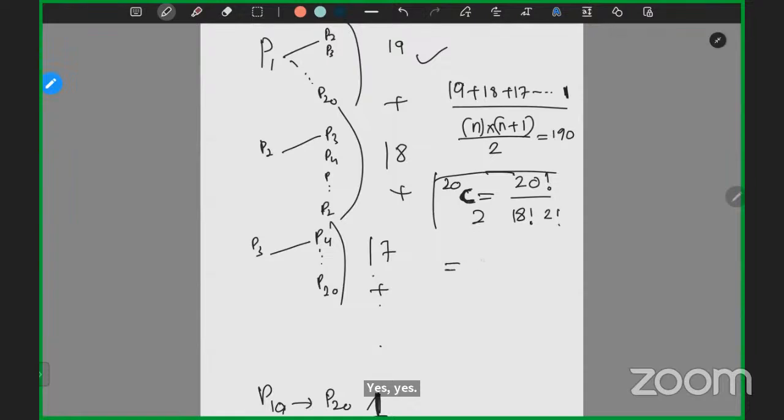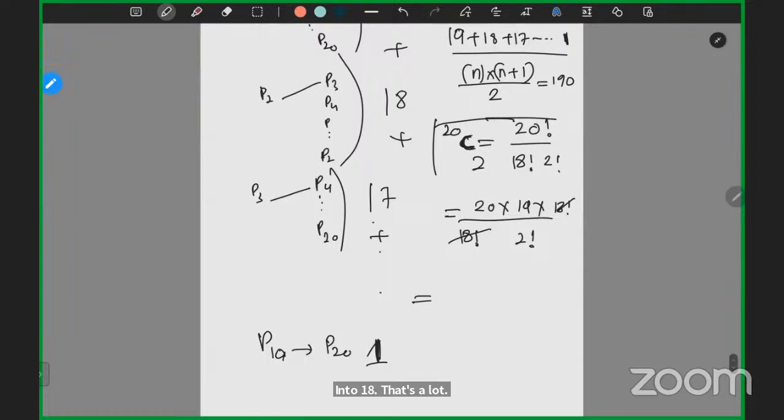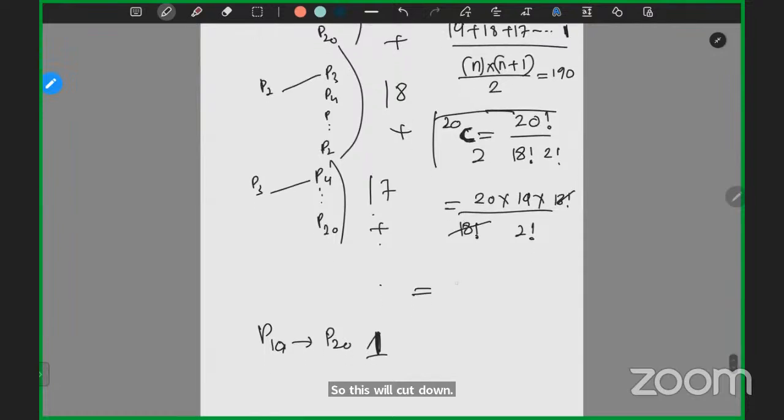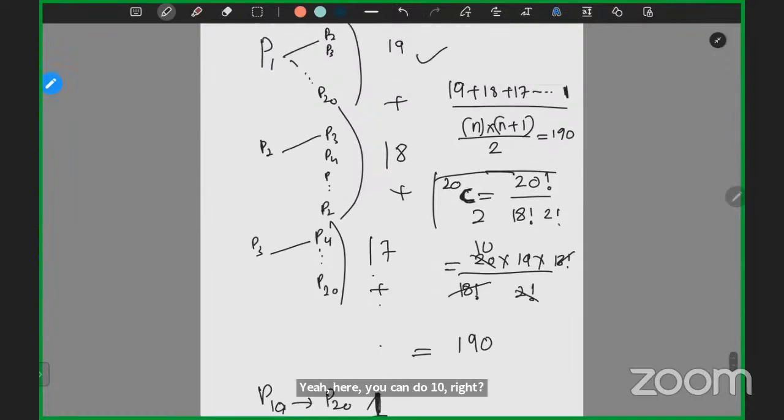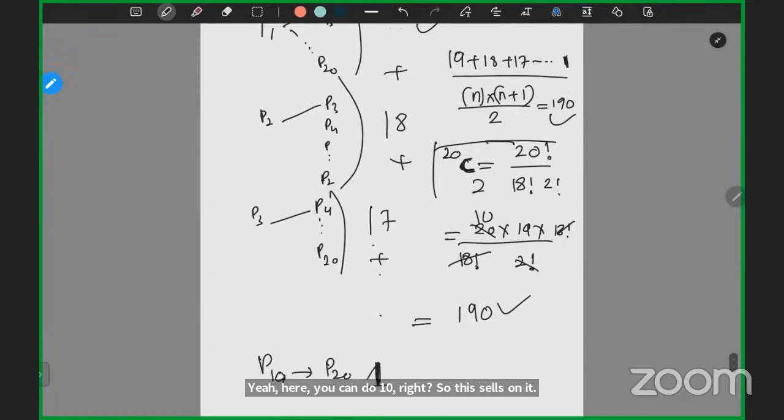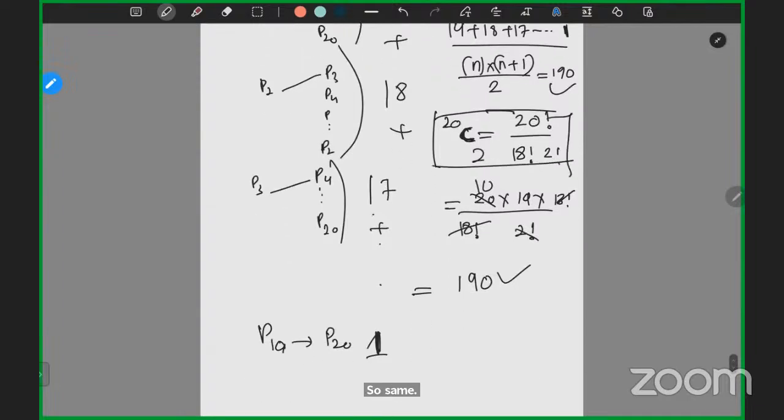If you write 20 into 19 into 18 factorial, the 18 factorial cuts out, and you get 10 into 19. So this is choosing something.